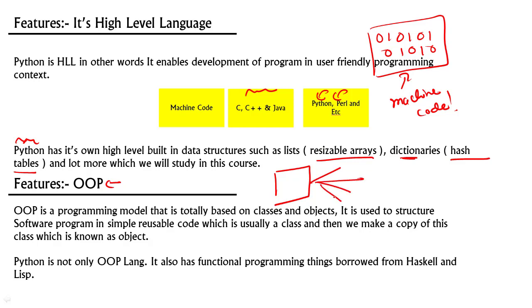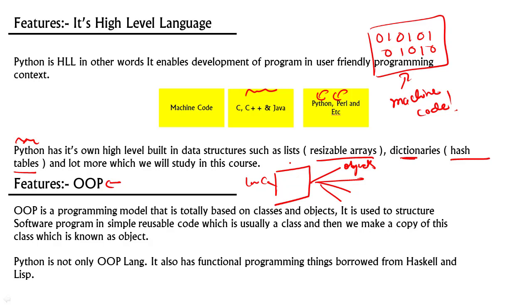That's the practice of OOP. This template is known as a class, and its copies, where it is being used, are called objects. In Python everything is an object. You will get to know further, but if you don't understand OOP, in simple words, you have a template and you make use of this code in different places by making it reusable.